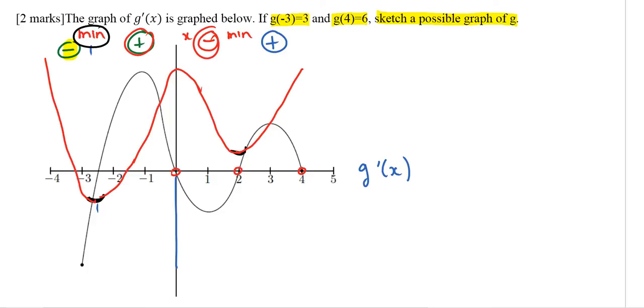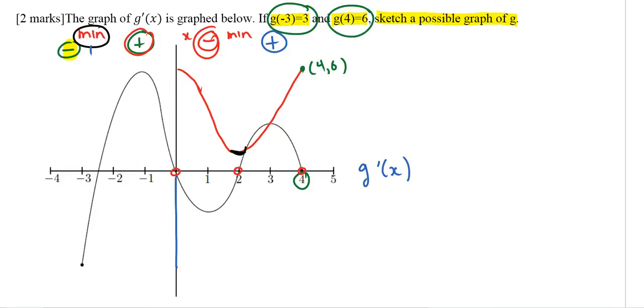Now the only problem is that I need to fulfill the criteria given. When x is equal to 4, I should have a height of 6. So let's pretend this is x equals 4, the point 4 comma 6. And I also have negative 3 and 3. I kind of botched that graph over here, so let me put another vertical line right here, and this should be somewhere like that.